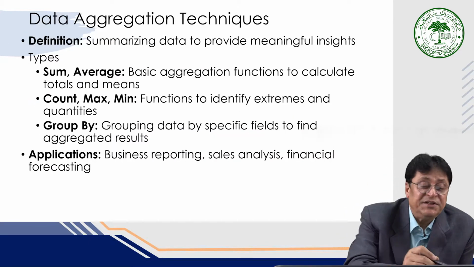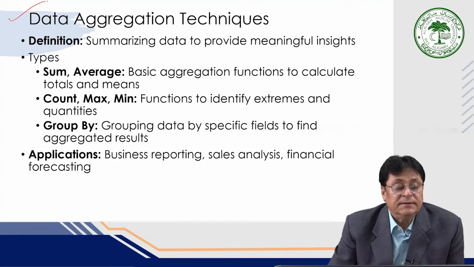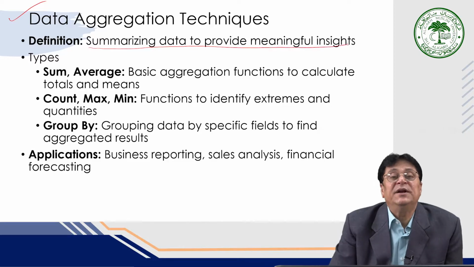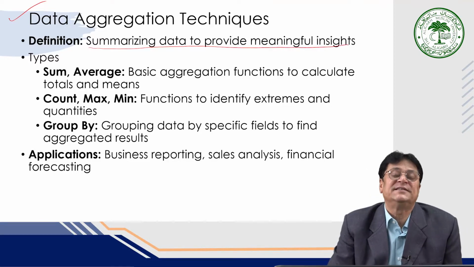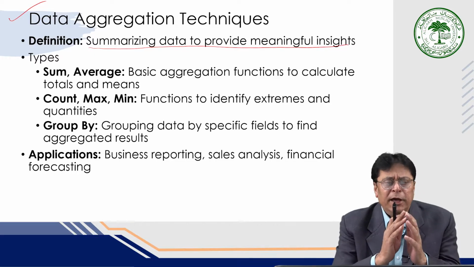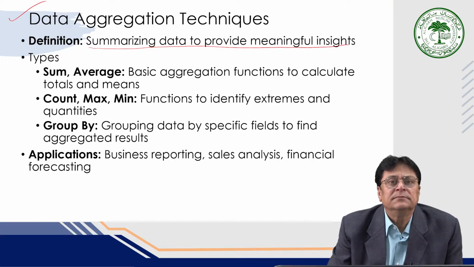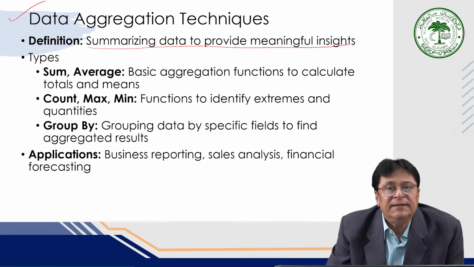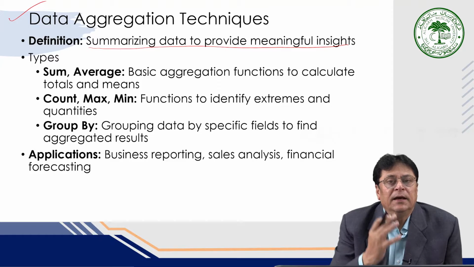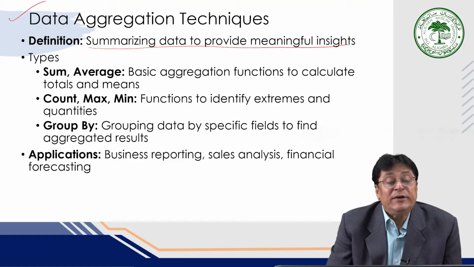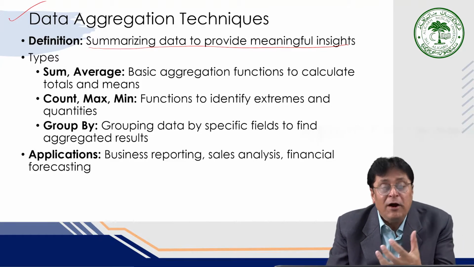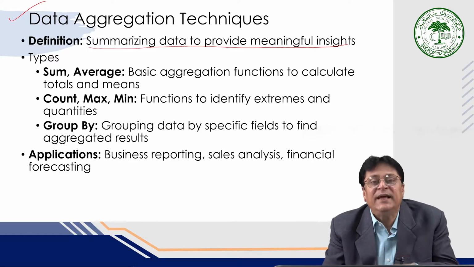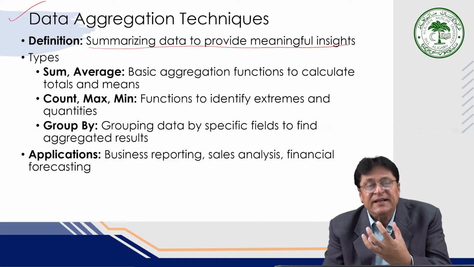Next is data aggregation techniques. Data aggregation is about summarizing data in order to provide meaningful insights. We have huge details of data. We cannot go through it from top to bottom, page by page. So rather, if we present it in pictorial form, in simpler form, so that anyone could easily understand what actually it means, what actually it conveys.